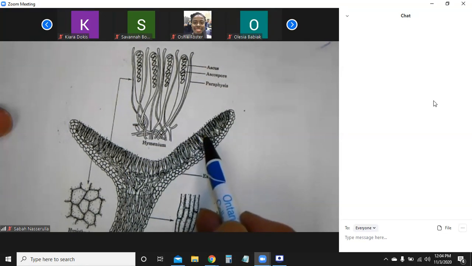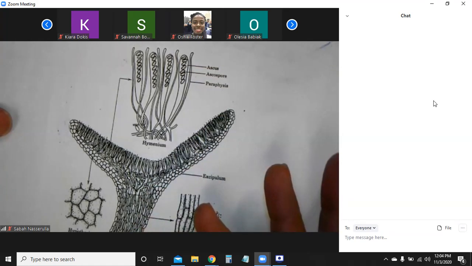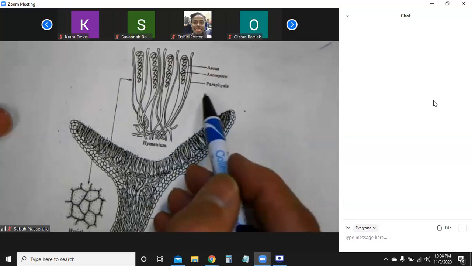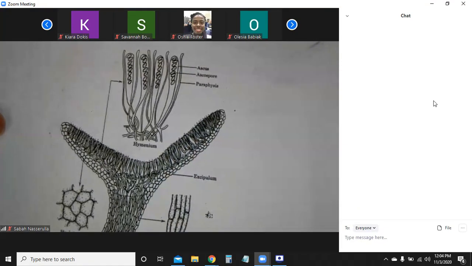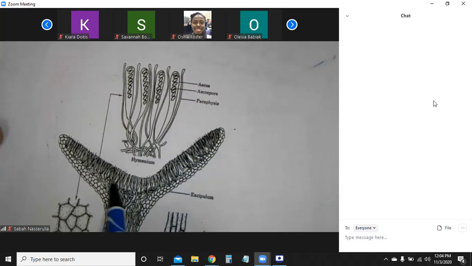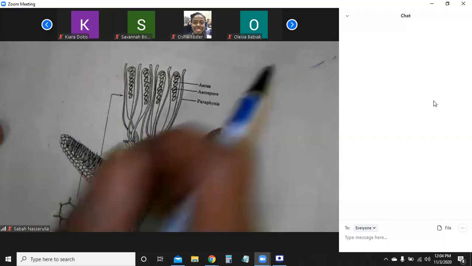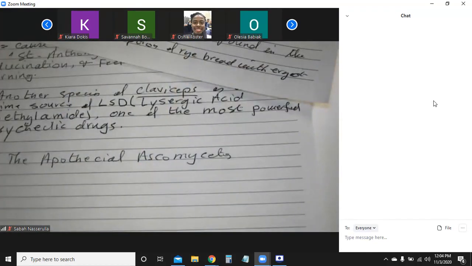And between them, of course, sometimes there is some hyphae, which didn't develop an ascus. We call them sterile hyphae, or we give them the name paraphyses. Okay, already I mentioned to you. And because all the asci lie in one layer like this, of course, we call this a hymenium or hymenial layer.